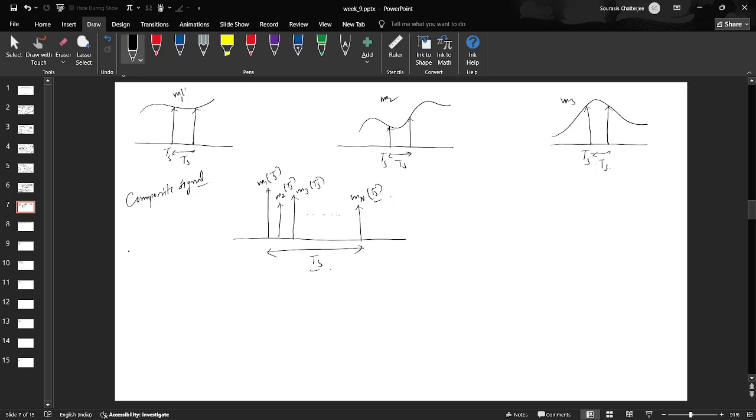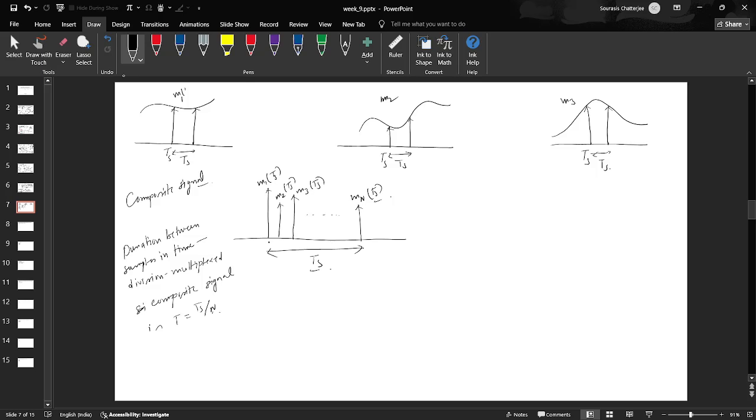So the duration between samples in the time division multiplexed composite signal is Ts over n.